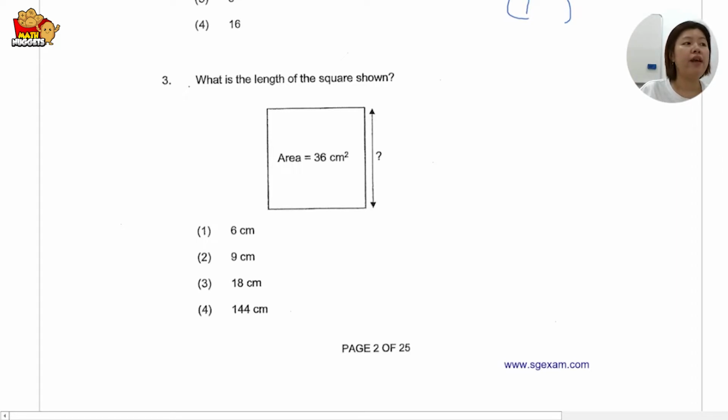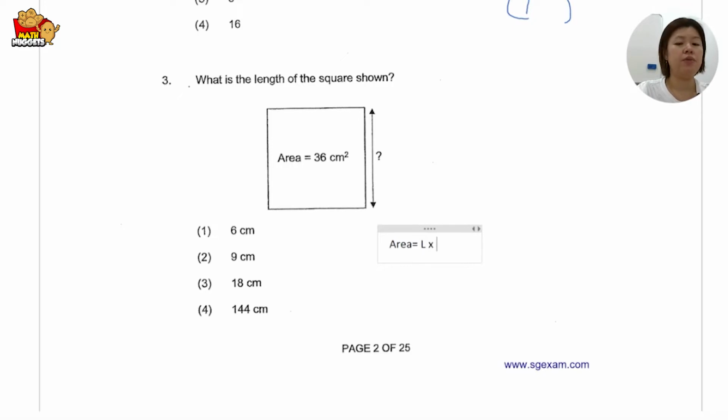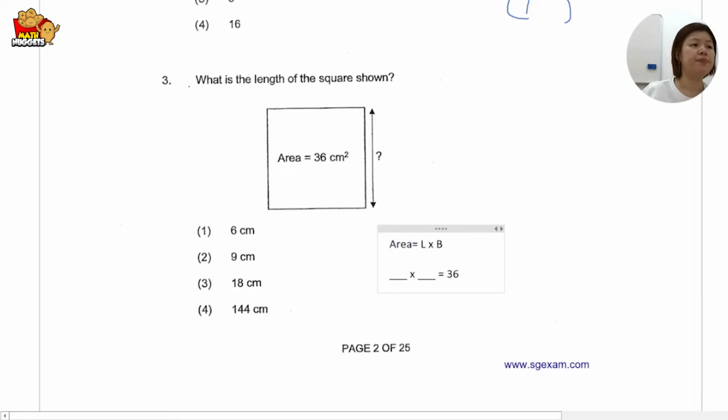Okay, it's asking for the length of the square, and we know that in order to find area, our formula is length times breadth, and for a square, all sides are equal, so meaning the length times the breadth must be the same, which gives you 36. So you think back your timetable.